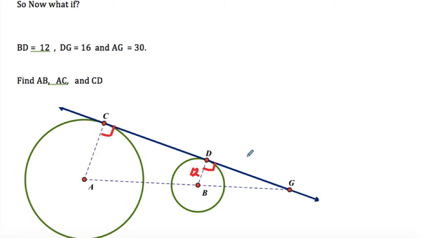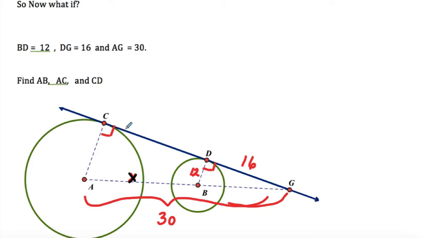DG was 16. And AG, the whole thing, was 30. And they want us to find AB, so this right here. Let me change colors. They want me to find X. They want us to find AC, so Y. And they want us to find CD, so we'll call that R.